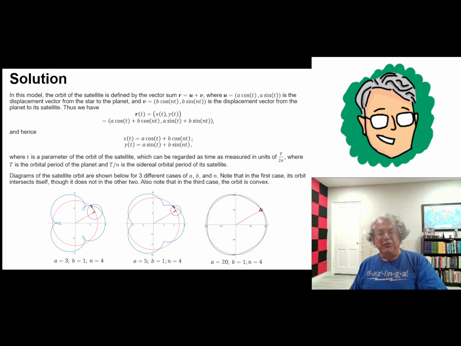But anyway, so we have u, that's the vector corresponding to the planetary orbit, and the x component is a cosine t, and the y component is a sine t, where a is the radius. It's just circular coordinates. I'm sure you guys are familiar with that.